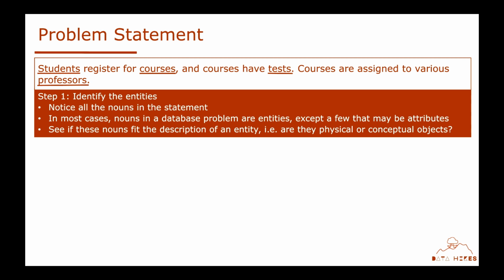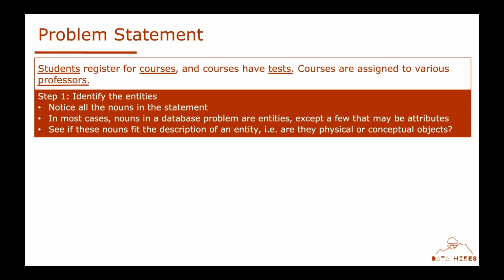All of these seem like major players in this particular problem statement, because students and professors are physical objects or tangible beings. And if you remember from the last lecture, entities are basically physical or conceptual objects. So in this case, students and professors can be called physical objects as they are tangible, and then courses and tests are more conceptual objects.